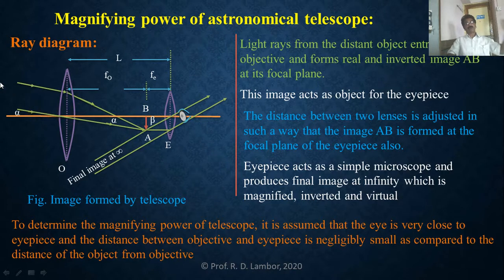So the distance of the object from this objective is very, very large as compared to the distance between objective and eyepiece, that is L. And this distance L is negligibly small as compared to the distance of the object from the objective. This was the second assumption. And the first is what? Final image can be seen by keeping our eye very close to the eyepiece. So taking into consideration these two assumptions, we can find the magnifying power of the astronomical telescope.